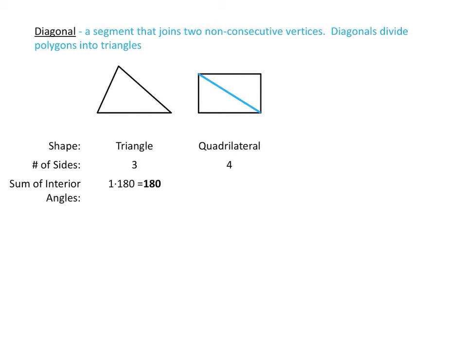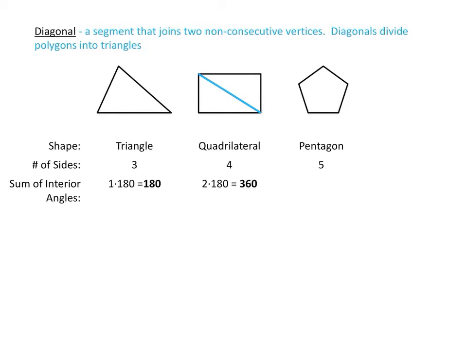How many triangles do we have? We have 1, 2. So the sum of the interior angles would be 2 times 180, because there's two triangles that are each 180 degrees, for a total of 360 degrees on the interior of a quadrilateral.